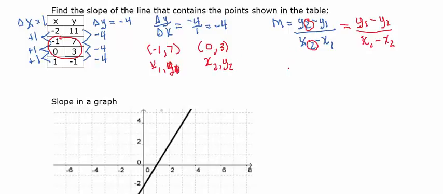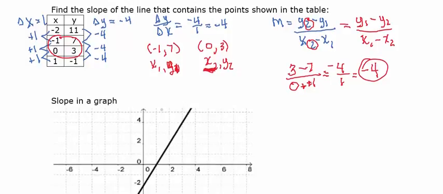So if I use my formula, y2 is 3 minus y1, which is 7. And x2, remember I have to start here, is 0, and I subtract my x1, which is -1, which is really adding 1. So 3 minus 7 is, actually, -4. 0 plus 1 is 1, and I get a slope of -4.